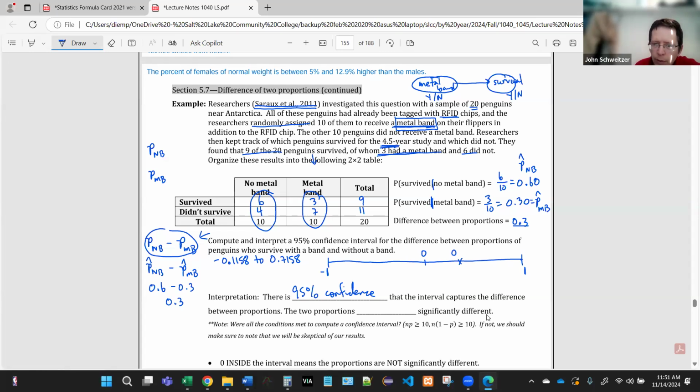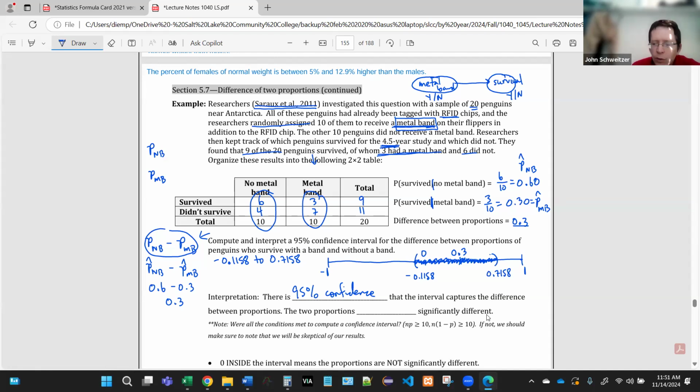So we have our 0.3 in the middle, and then we add a margin of error on the right, and we add a margin of error on the left. It's the same margin of error on both sides. That sets up an interval ranging from negative 0.1158 up to 0.7158.